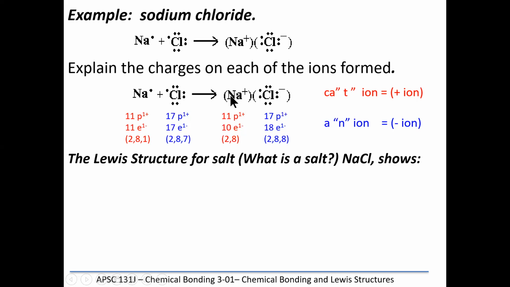In this case, the sodium is the cation, the chloride is an anion. And typically the name of an anion ends in -ide, chloride ion, as opposed to a sodium ion. We don't change the ending of the cation's name.